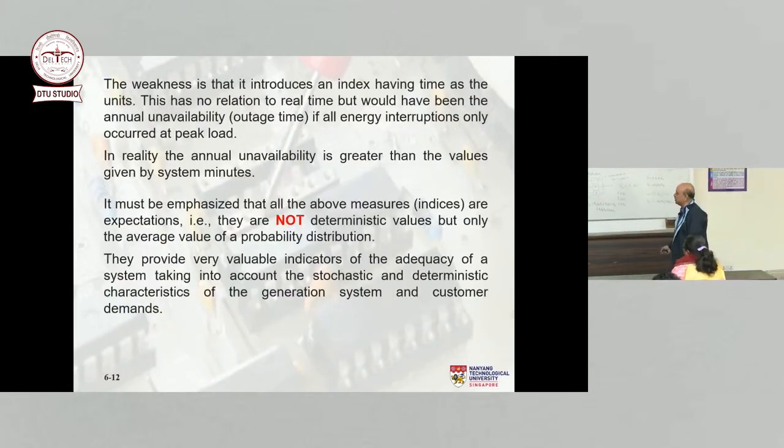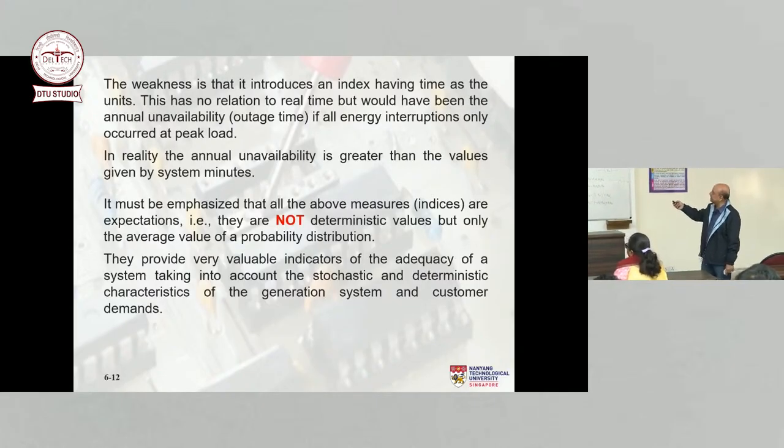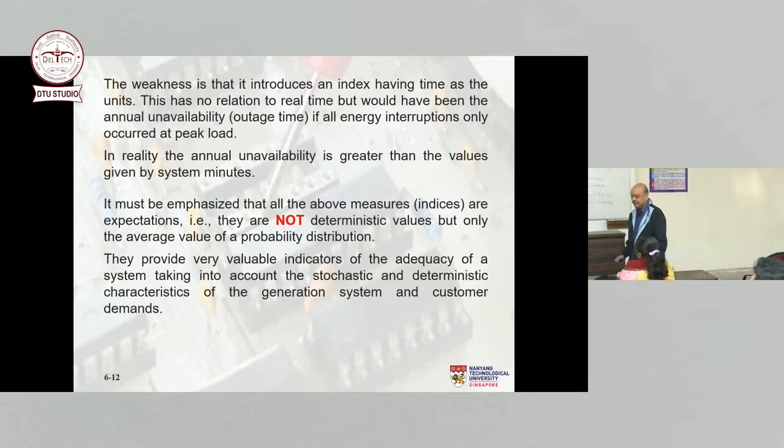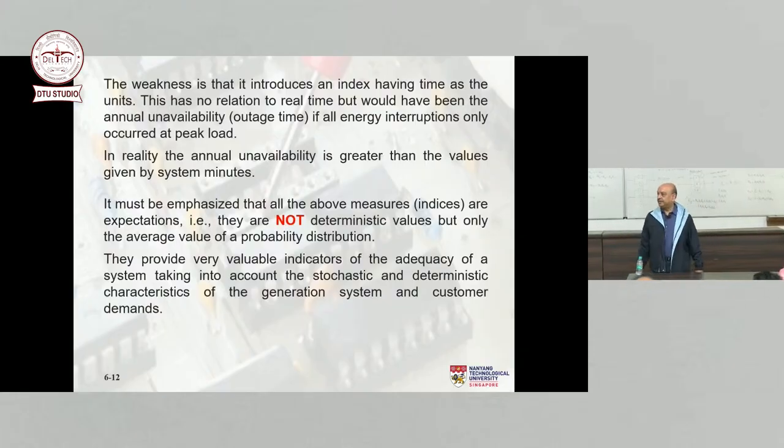So just to put this in perspective, what do we mean by that 25 system minutes? It means that it's not a real time. It means that this would have been the annual outage time if all the energy interruptions only occurred at peak load. I hope you get the gist of it. So when I say 25 system minutes is a good reference, the system should not exceed 25 system minutes.